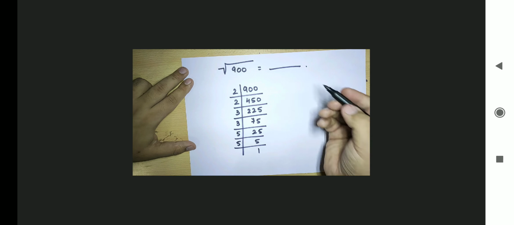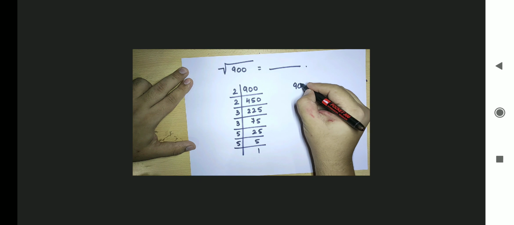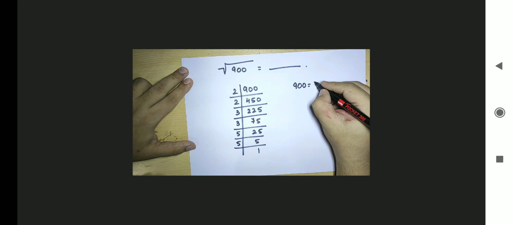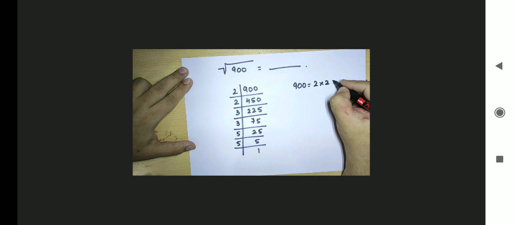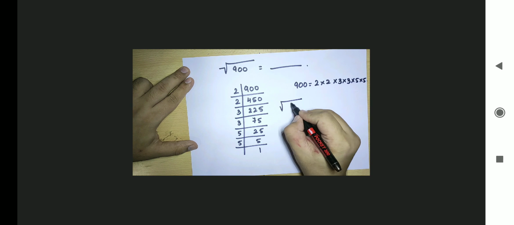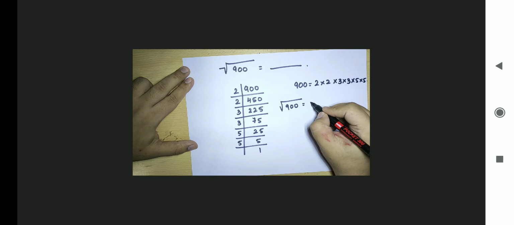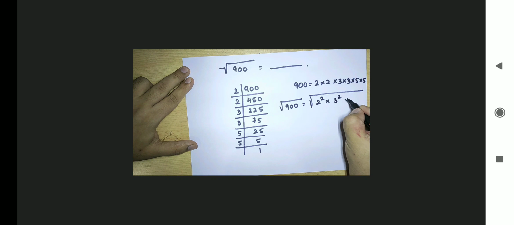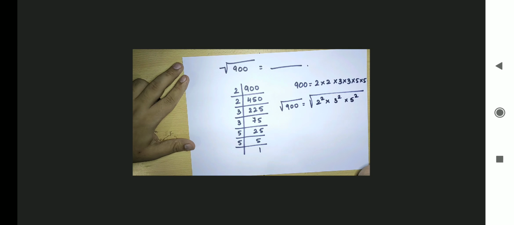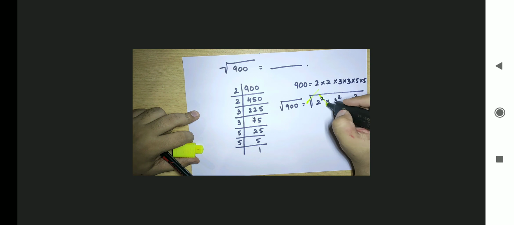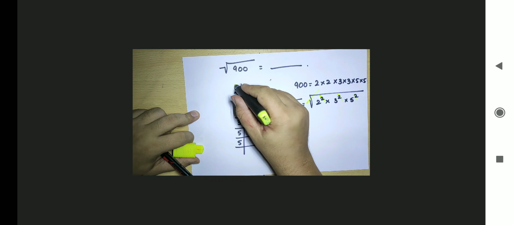So here you are supposed to write 900 is equal to 2 multiplied by 2 multiplied by 3 multiplied by 3 multiplied by 5 multiplied by 5. So when we are supposed to take the square root of 900, when we take this sign off, we cancel the squares.